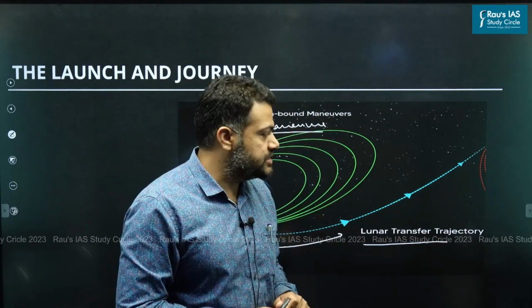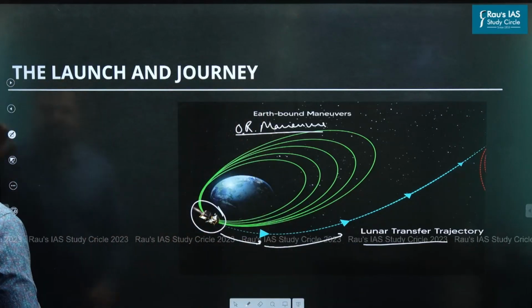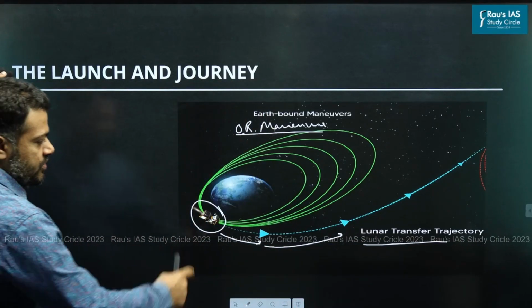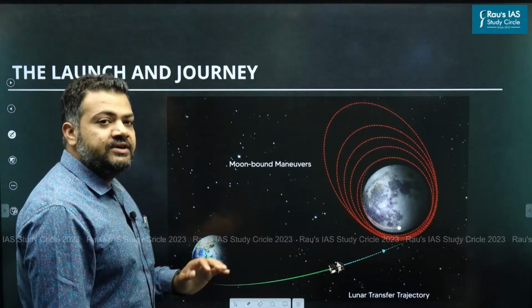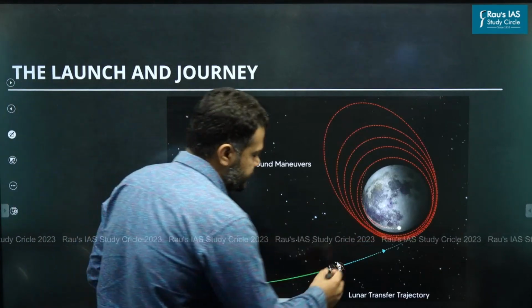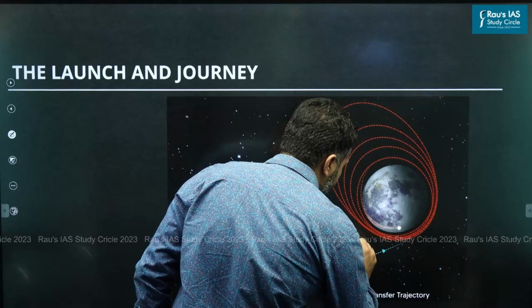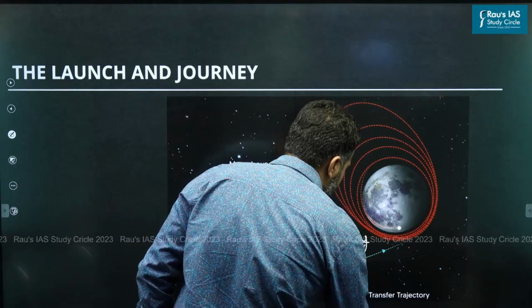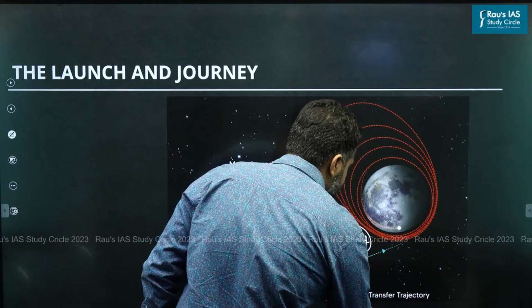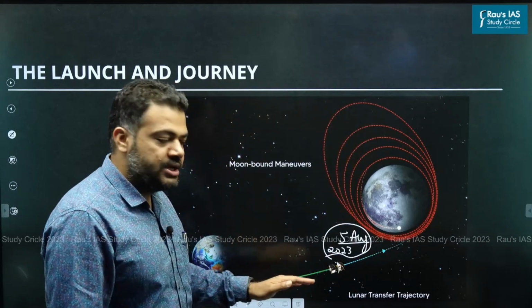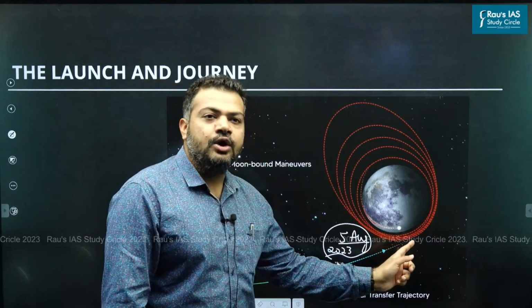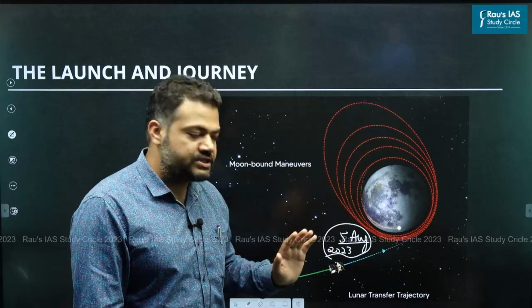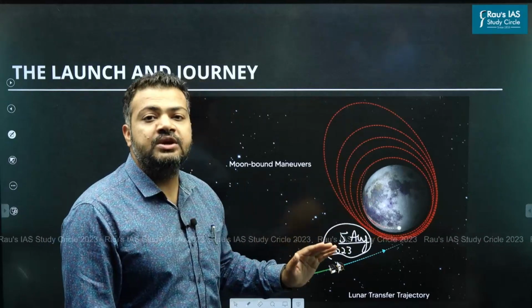I hope you guys can understand. And the speed was significant enough that Chandrayaan took just 5 days. On 5th of August 2023, Chandrayaan successfully reached its desired orbit of the lunar surface. But you know what? Its speed was very high.